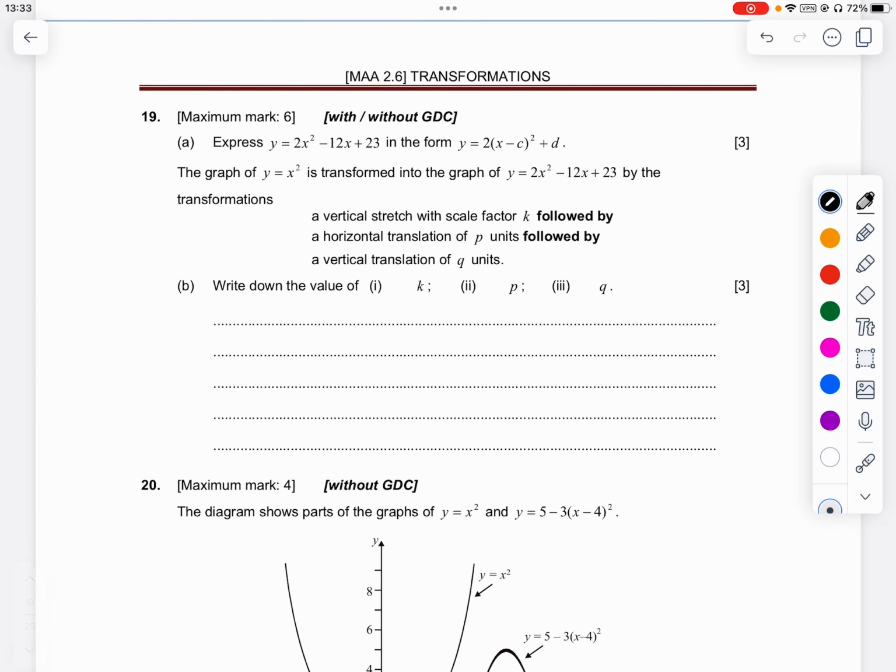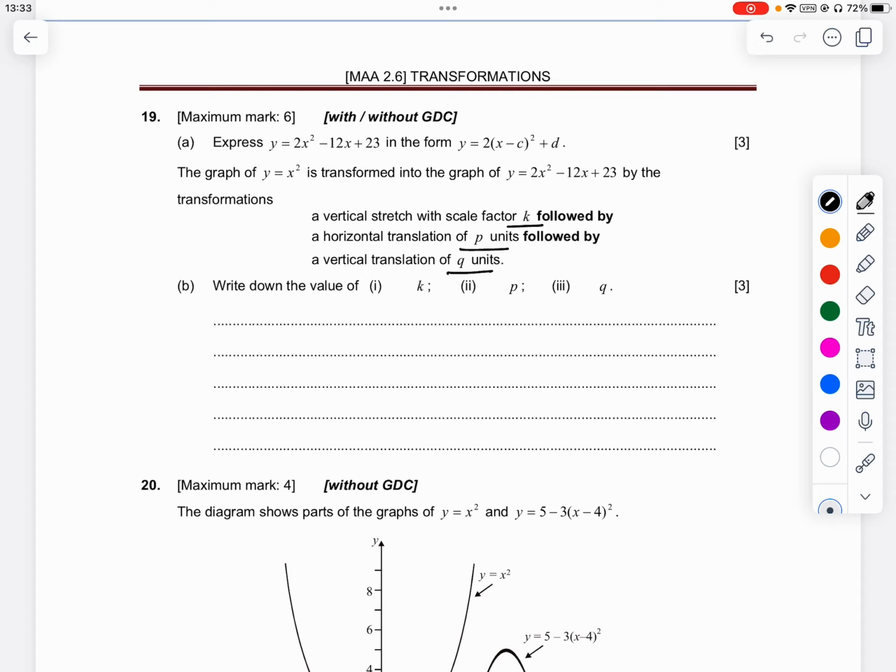Question number 19. y = 2x² - 12x + 23 is written in the form 2(x - c)² + d. The graph y = x² is transformed into this one: a vertical stretch by scale factor k, horizontal translation by p units, vertical translation by q units. Find the values of k, p and q.